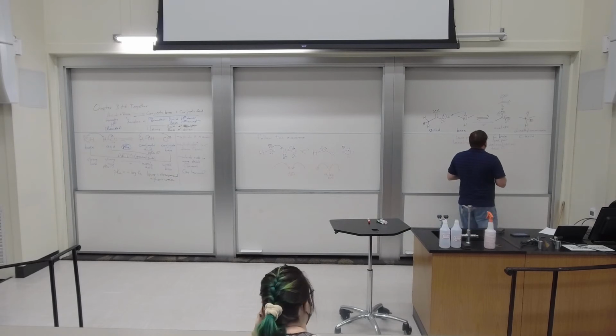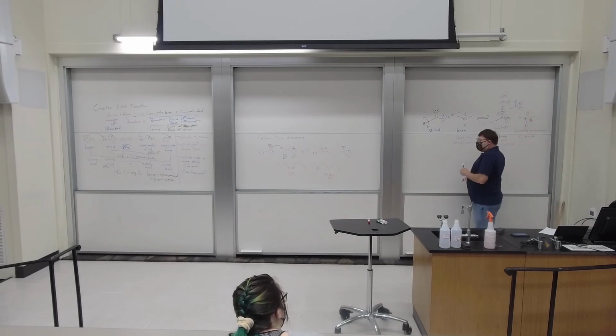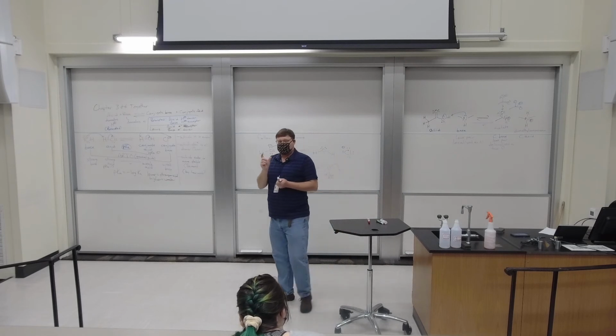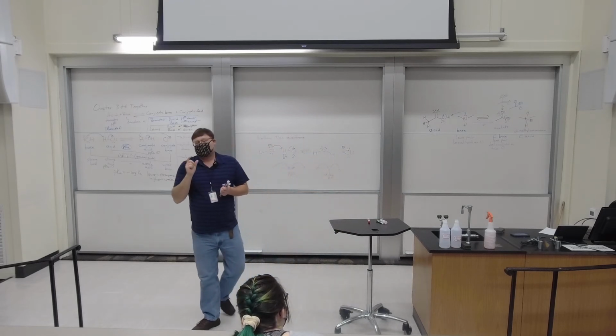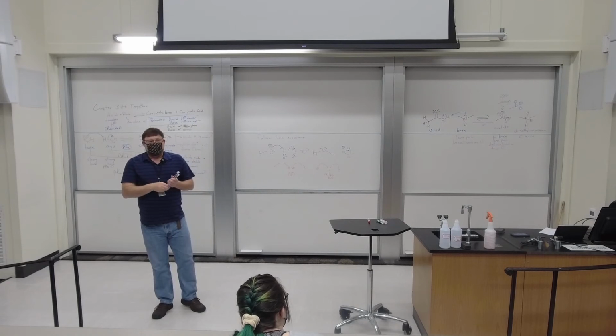Honestly, I don't expect that, but that's what acetate is. The two CO bonds have the same bond length. The oxygens have the same charge. If you get a crystal structure of an acetate or a carboxylate, that's what it looks like.